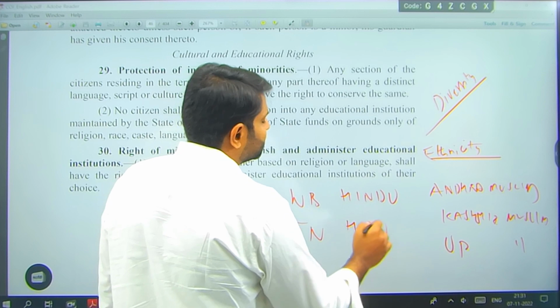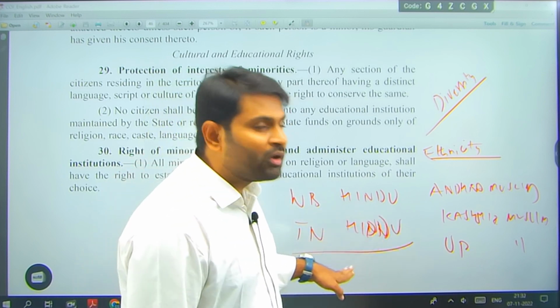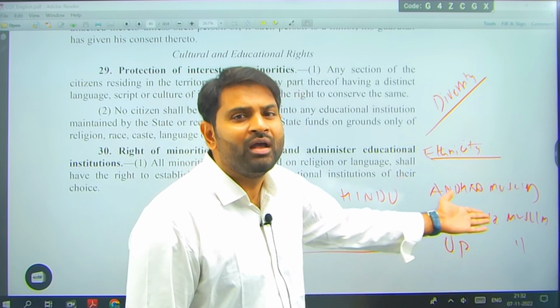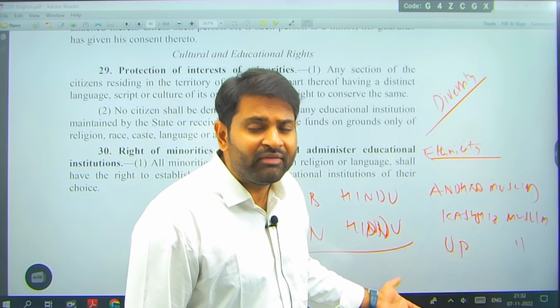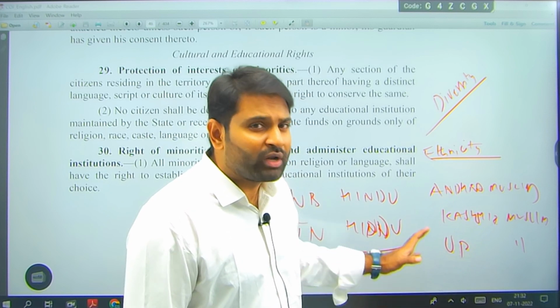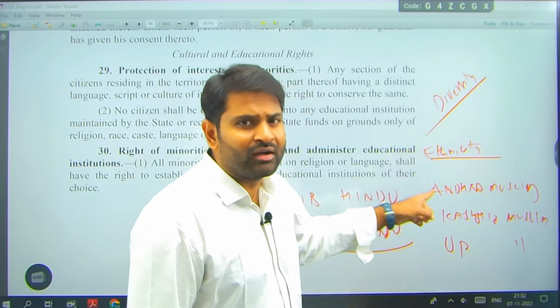Remember that there is no similarity between West Bengal Hindu and Tamil Nadu Hindu. Similarly, there is no similarity between Andhra Muslim or UP Muslim or Kashmir Muslim. Their way of living, their lifestyle is completely different. Most of the time their culture is more relevant to the piece of land they are living in. So ethnicity is different, right?